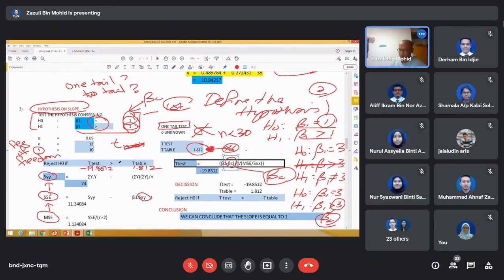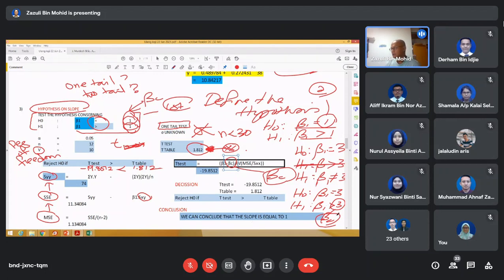So it is actually smaller, so it does not meet the condition where we can reject the H0. That means we cannot reject the H0.